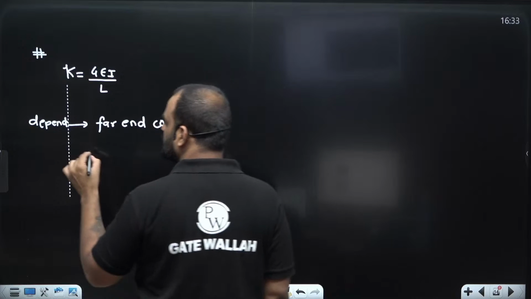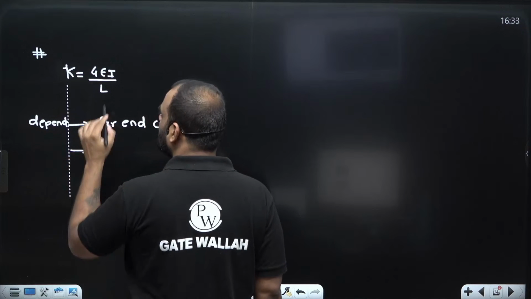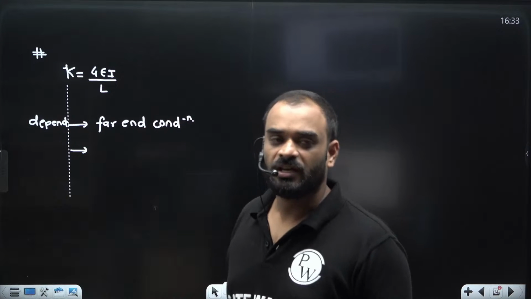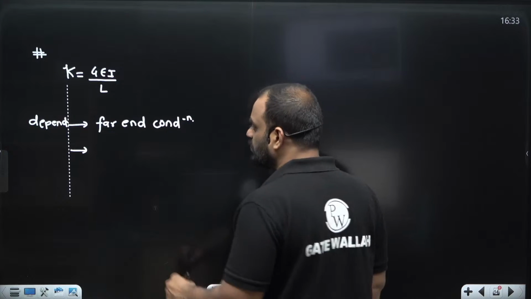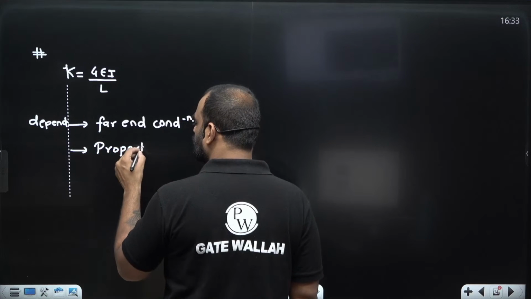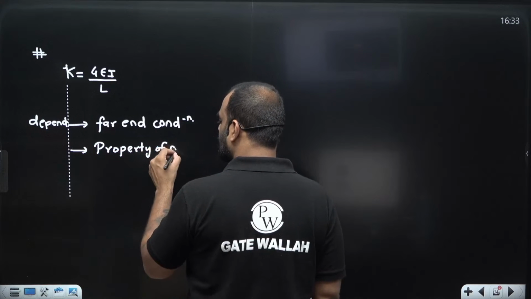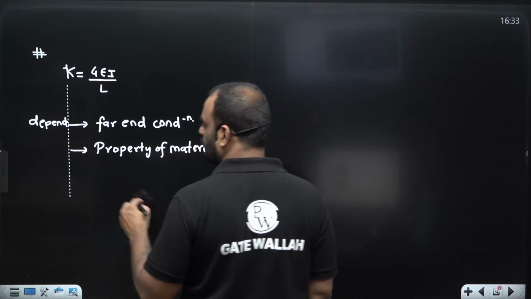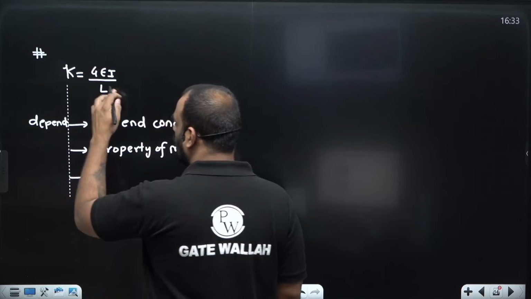right? Second thing, it depends upon the value of E also. What is E? E is Young's modulus of elasticity, and this is the property of material. Now I, what is I?